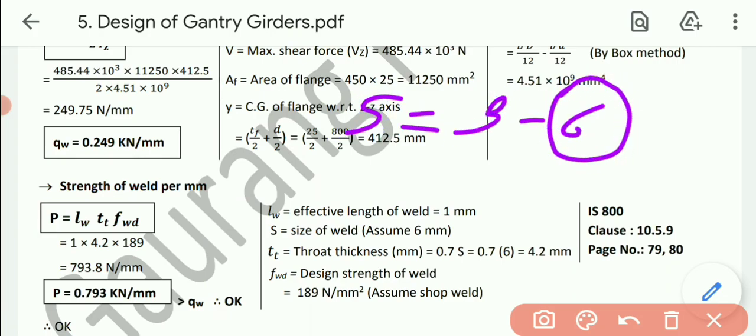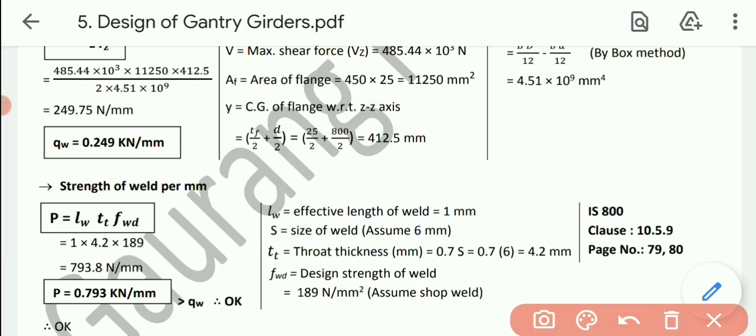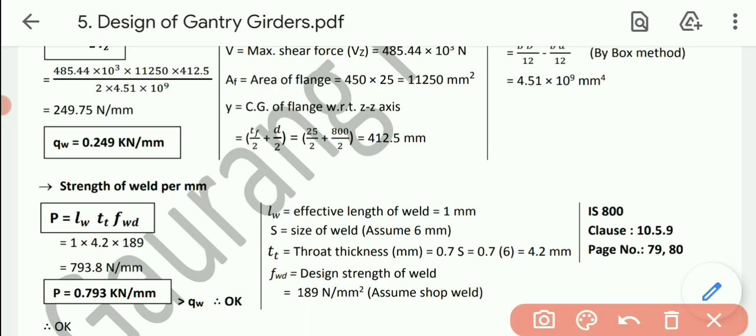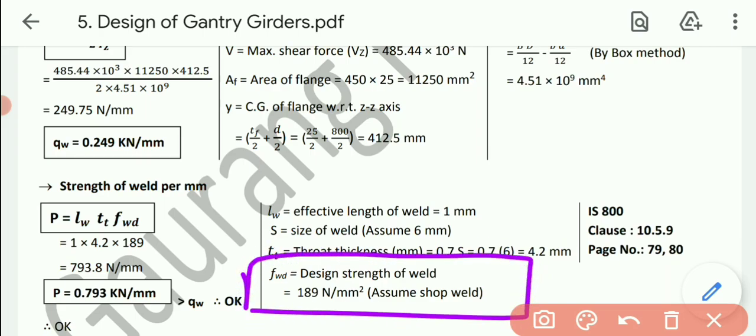I am always going to assume the maximum, so assume the size of weld 6 mm. So throat thickness is always taken as 0.7 times S, so TT is 0.7 times 6, so ultimately it will be 4.2.